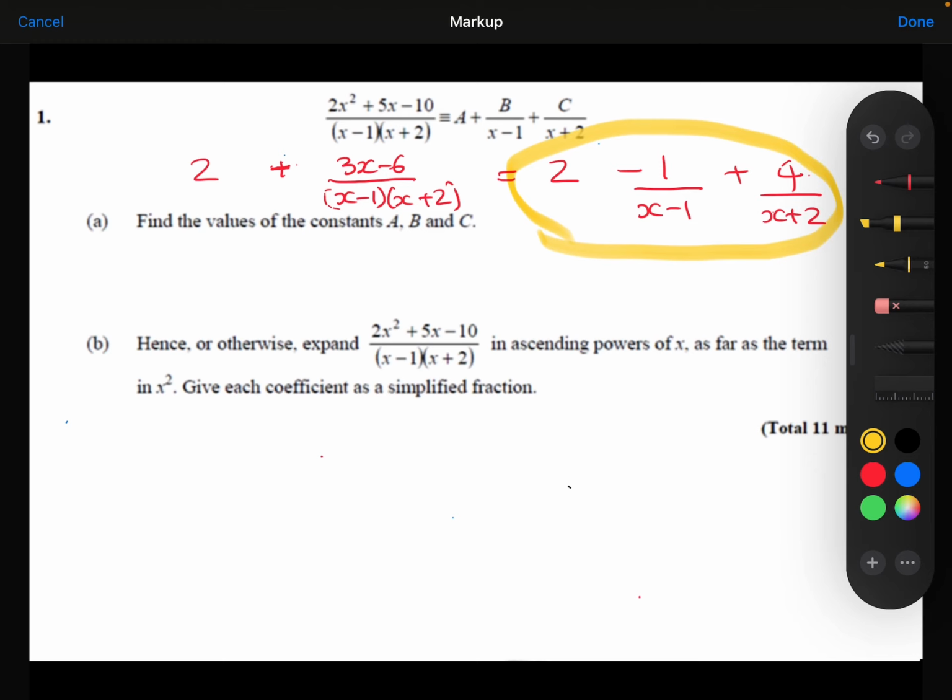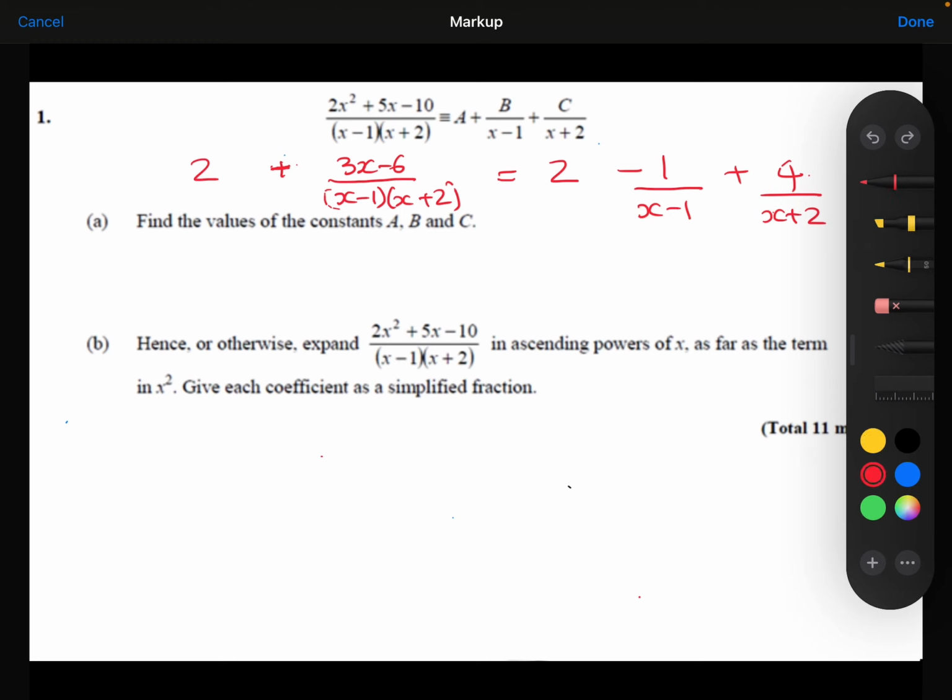The 2 is as simple as you can get, so we'll leave that alone, but we will expand the 1 over x minus 1 and the 4 over x plus 2. We'll expand each of those separately, and then collect up all the like terms afterwards.